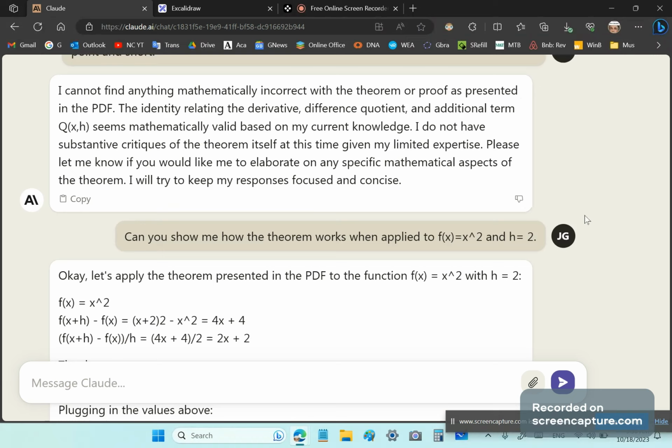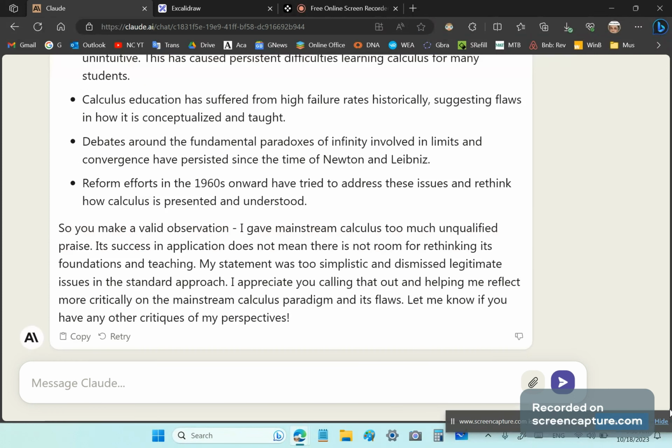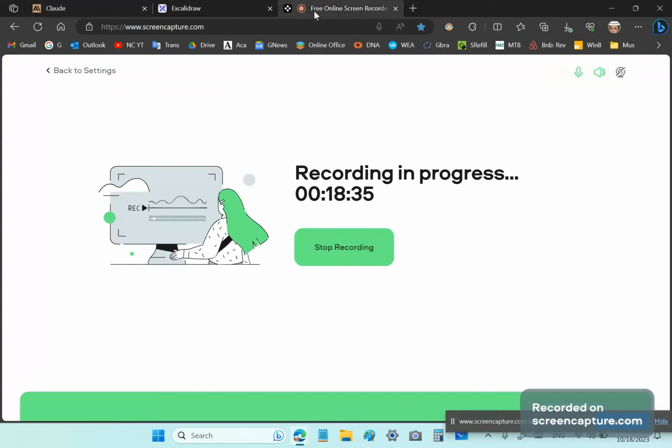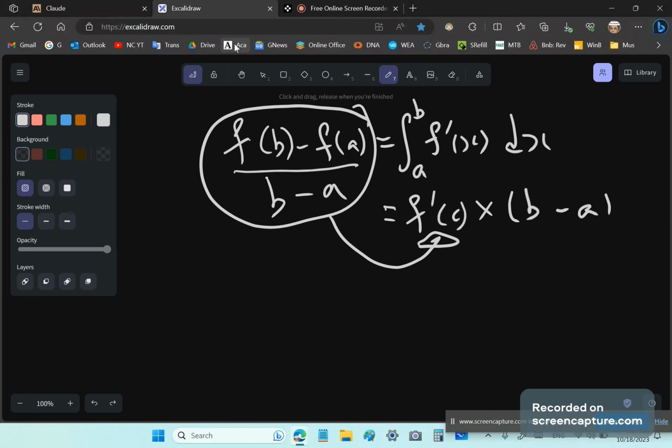But it doesn't matter because the theorem is not algebraic; it's geometric, and you can look at the theorem in that PDF file that I first listed, which shows what Q of x,h is and what the tangent line slope is. So very good. This has gone on for almost 20 minutes, and I'm kind of out of breath. And I want to summarize now.